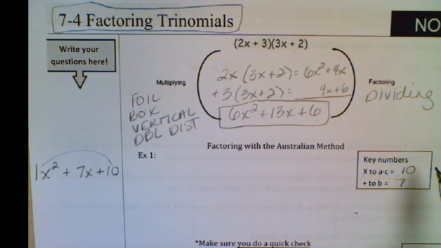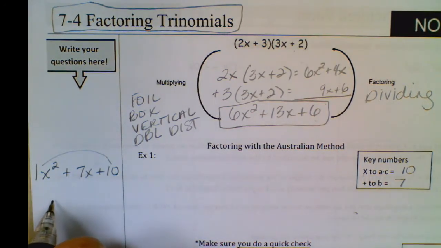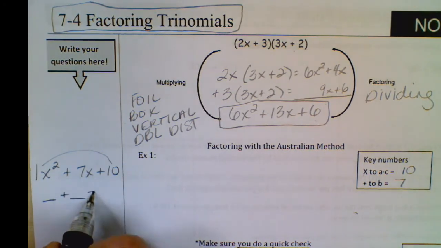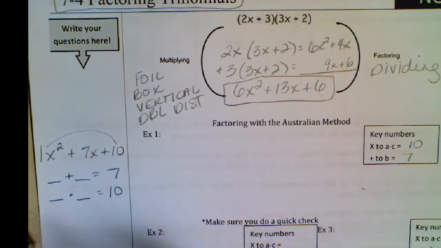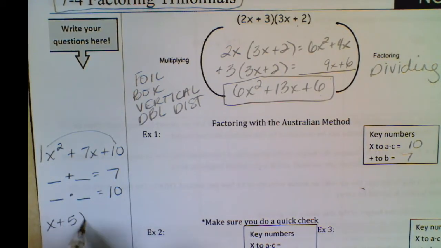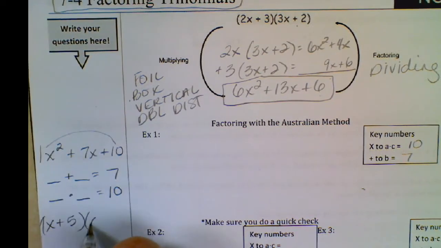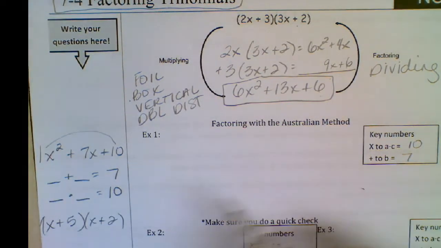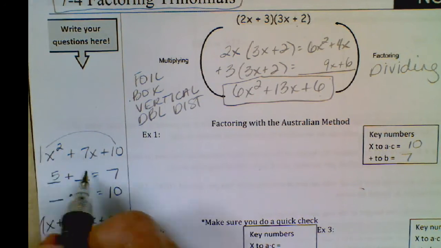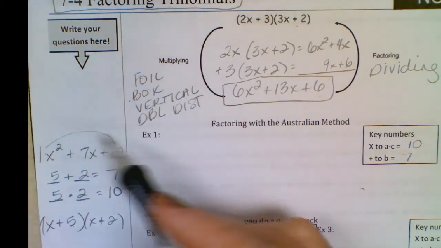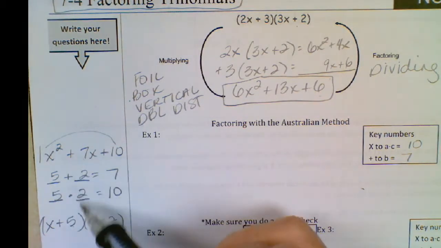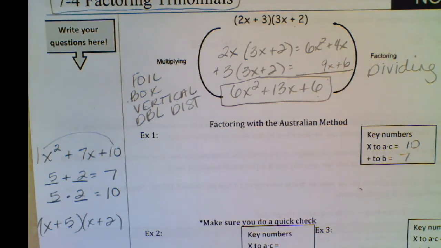So you need to find two numbers in this case that add to 7 and that also multiply to 10. In this case you would get x plus 5 and x plus 2. 5 plus 2 is 7, 5 times 2 is 10. I want you to think of that. We're going to do a lot of really simple ones in class, and that will help you with that.